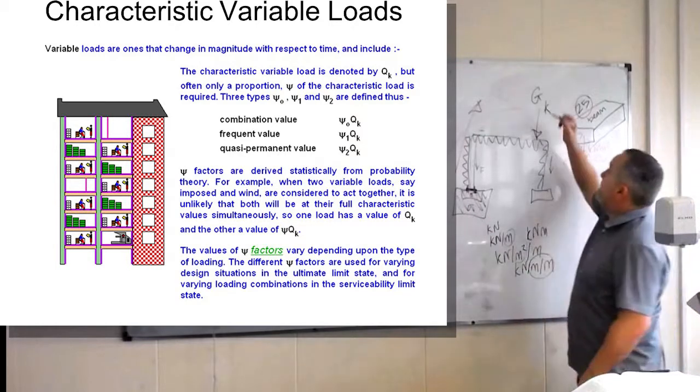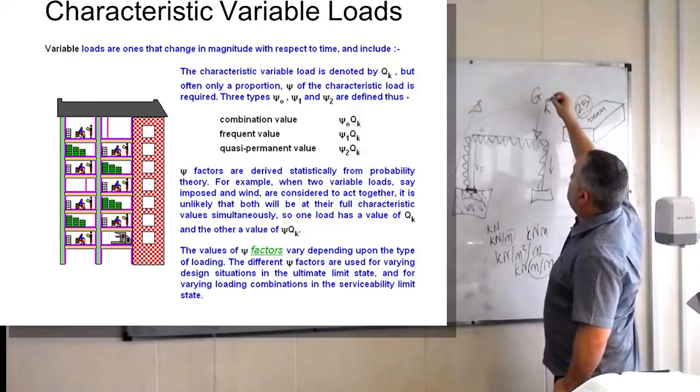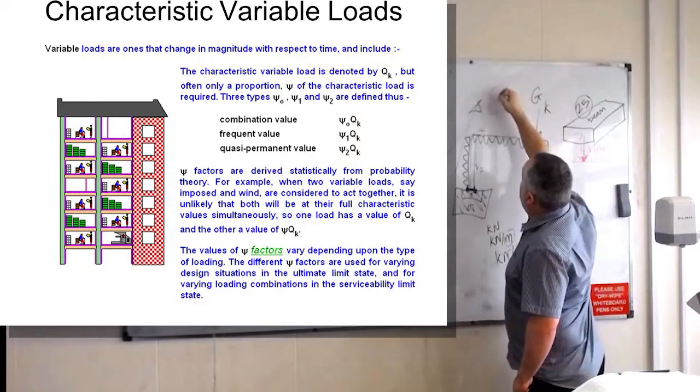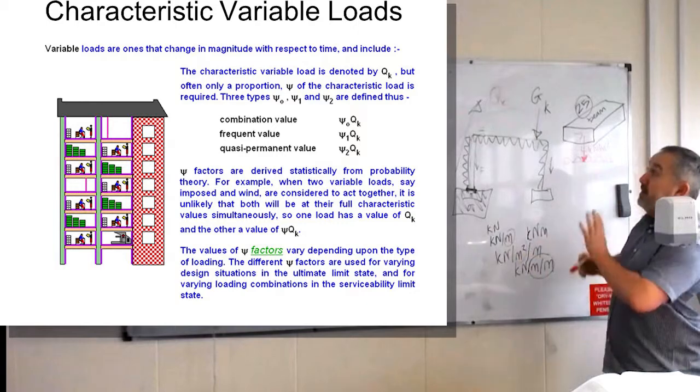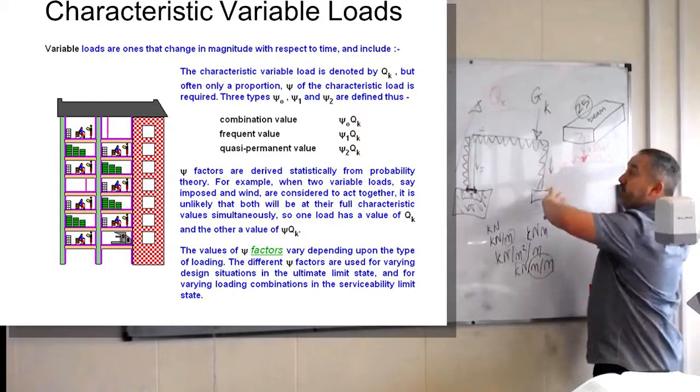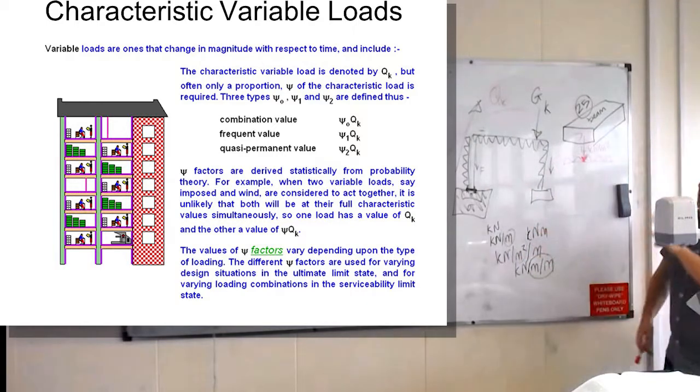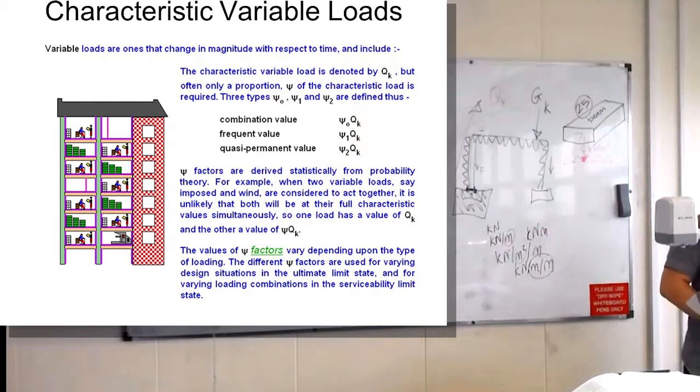So far we've had our dead load, our permanent G. Next, we've got our Q, which is our live loads, our variable. Again, I've put K against it because that's our structural mechanics calcs. This is actual weight of what we know that we're working with.